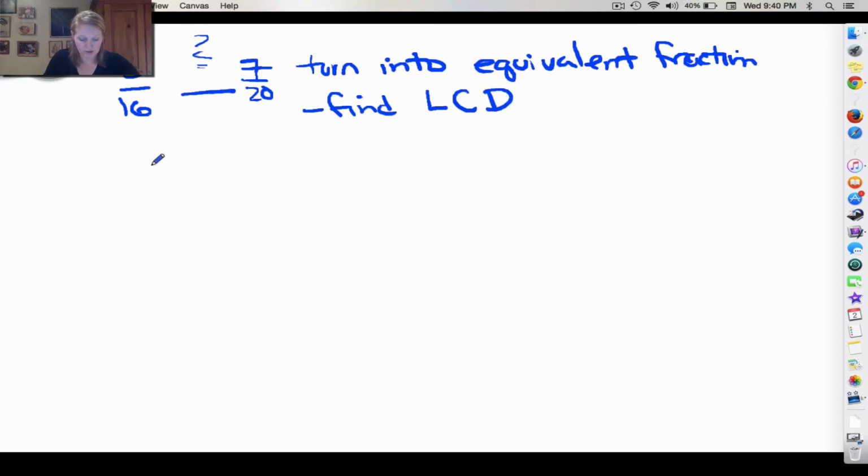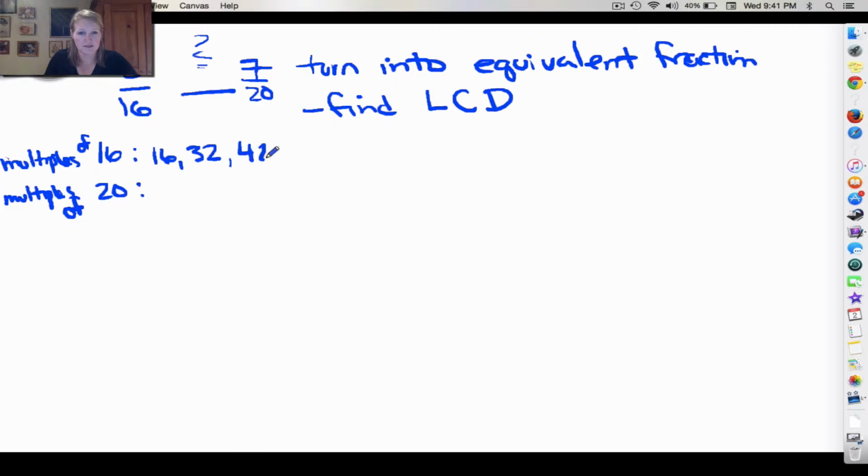If you look at 16 and 20, and you move up through multiples of 16 and multiples of 20, you would do 16, 32, 48, 64, and 80.